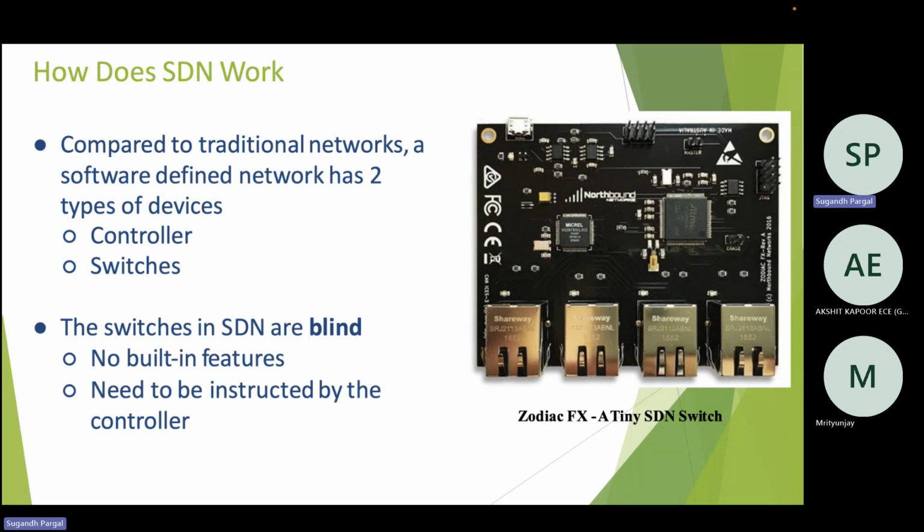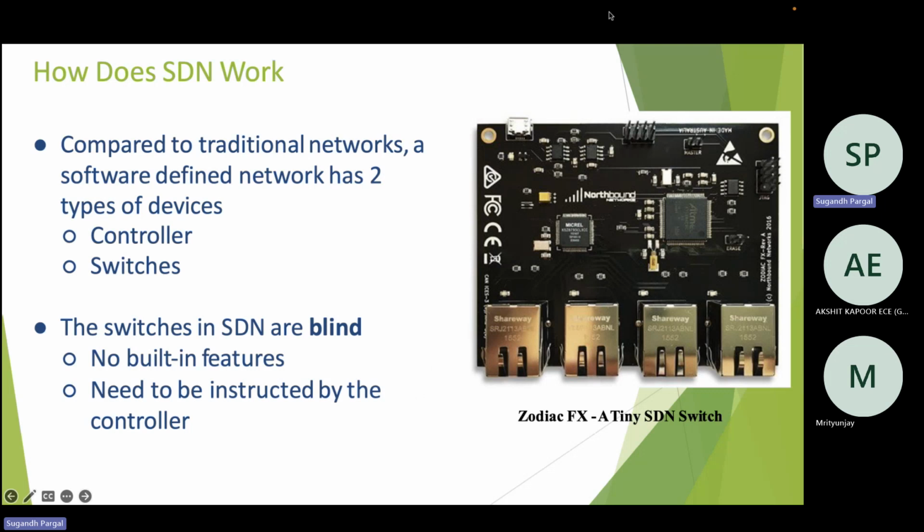So how does this SDN work? Compared to traditional networks, a software-defined network has two types of devices: controllers and switches. The switches in SDN are blind, that is, they have no inbuilt features and they need to be instructed by the controller.